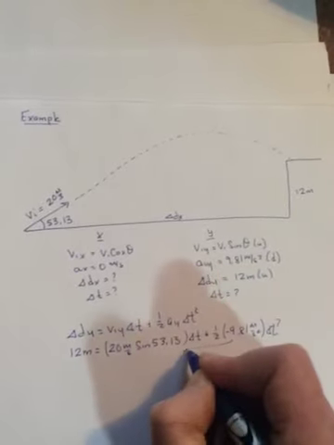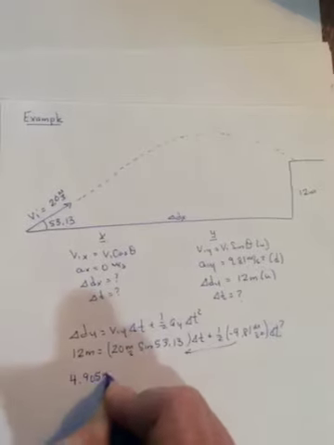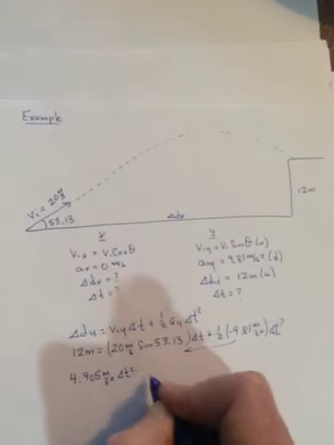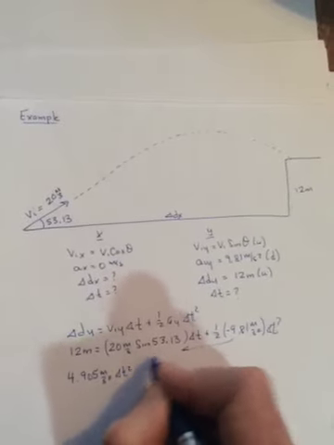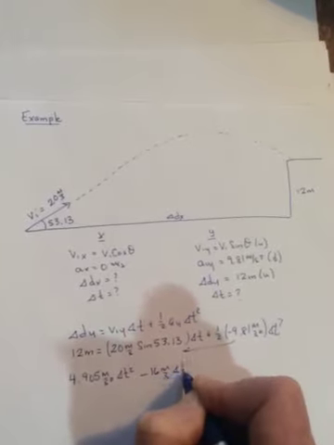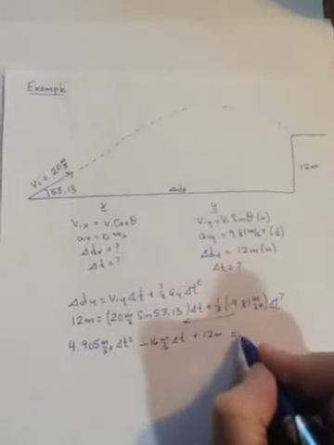I'd still take these terms to the other side. So 4.905 meters per second squared t squared. That's 0.8, so this is going to be 16. Bring it over, it's going to be negative. So negative 16 meters per second delta t plus 12 meters equals 0.